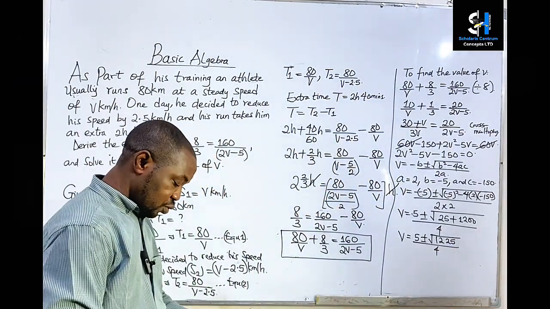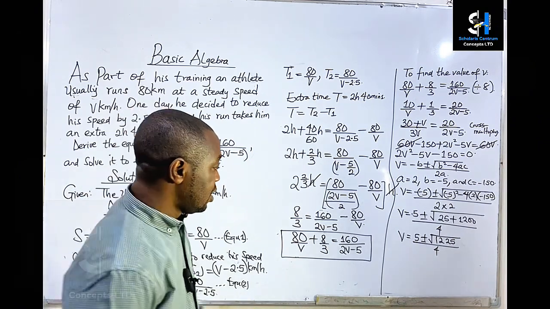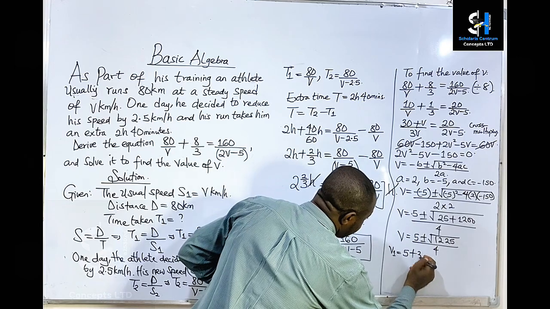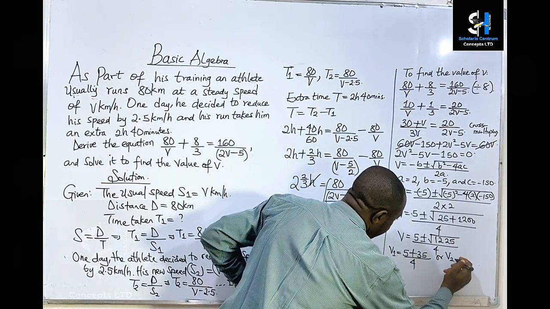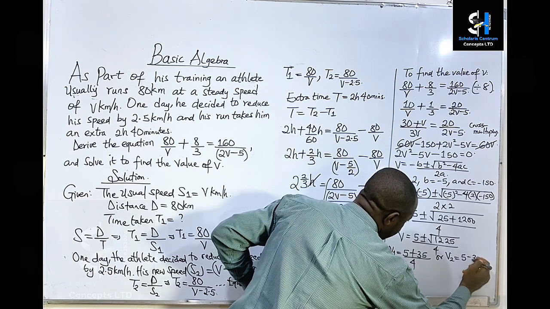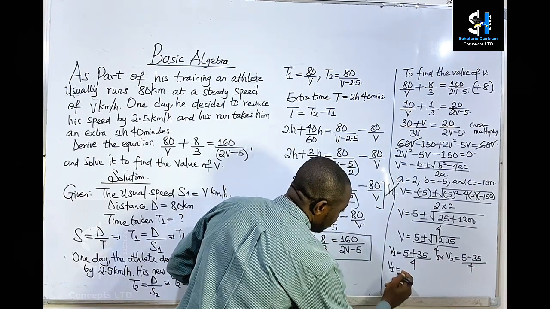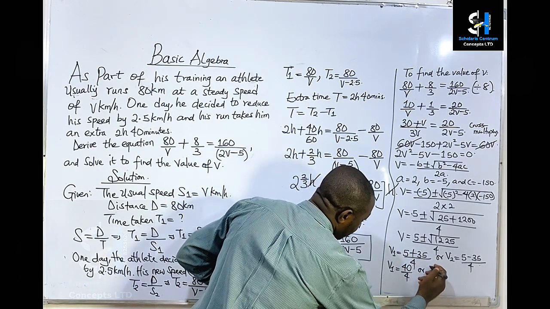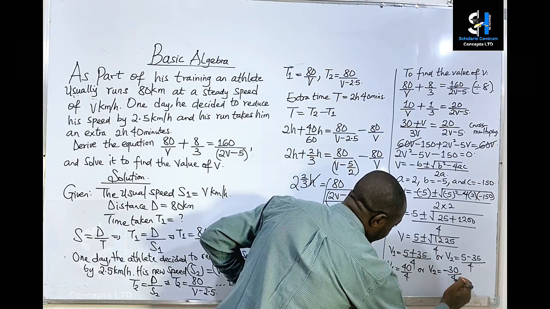What is the square root of 1225? That's 35. So the first value of V will be 5 plus 35 divided by 4, or V2 will be equals to 5 minus 35 over 4. So that V1 will be equals to 40 divided by 4, or V2 equals to -30 over 4.